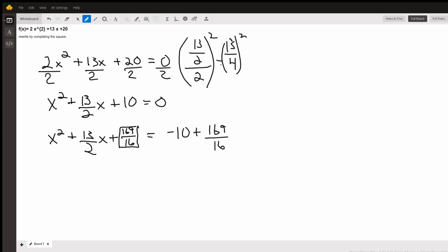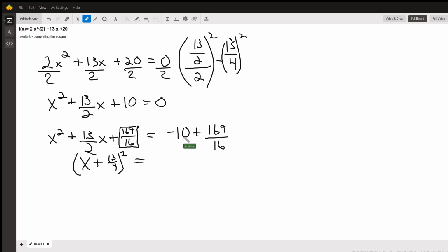Okay, and now I'm going to create my binomial square here on the left side by writing this as x plus 13 over 4 squared, which will equal the right side.